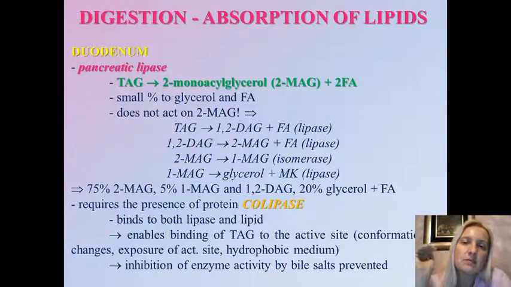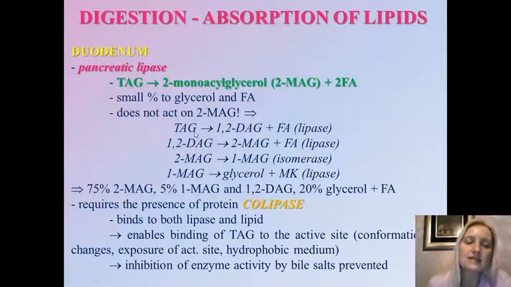But it is important to point out that pancreatic lipase cannot hydrolyze 2-monoacylglycerols. So in order to get glycerol and fatty acid, 2-monoacylglycerols have to be isomerized first, and this is represented by the list below.